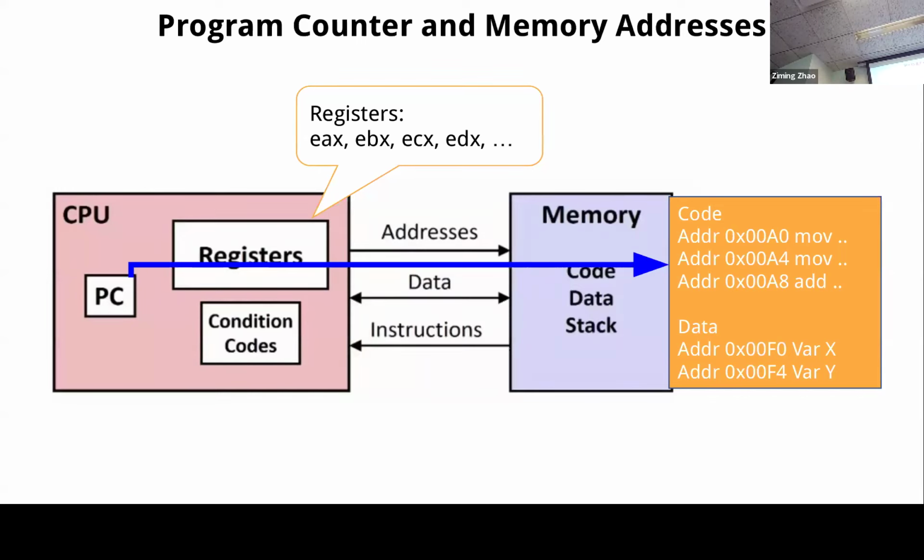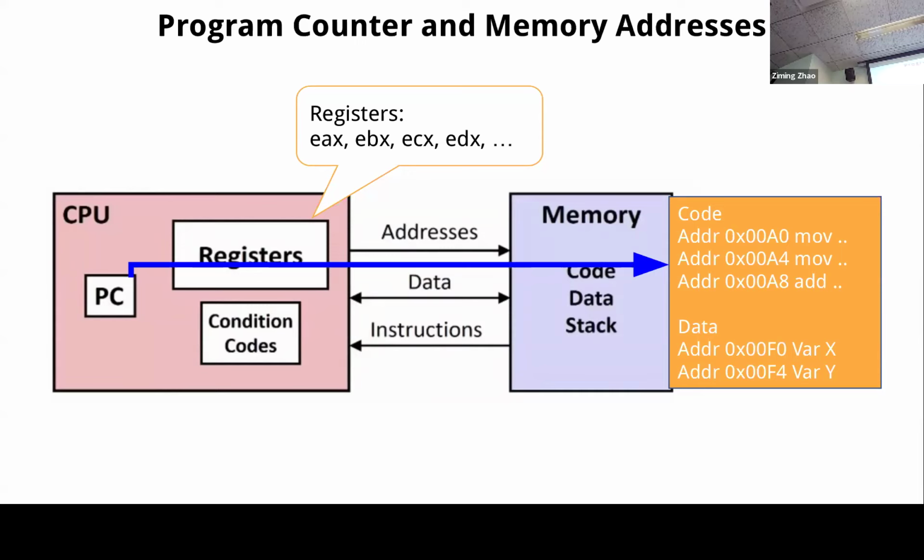It is going to fetch that instruction from the memory to the CPU, and decode that, because those are just raw bytes. It figures out what this operation is, and tries to perform that operation. That operation may also need some data, working on other memory addresses.